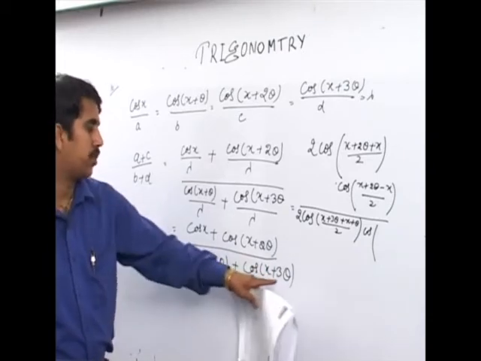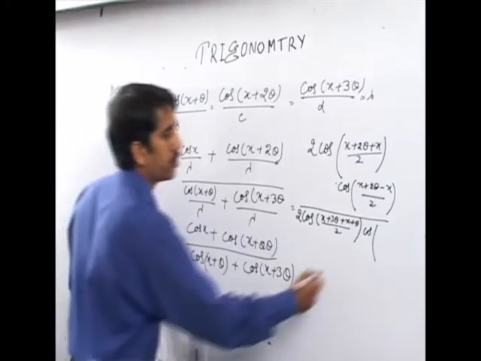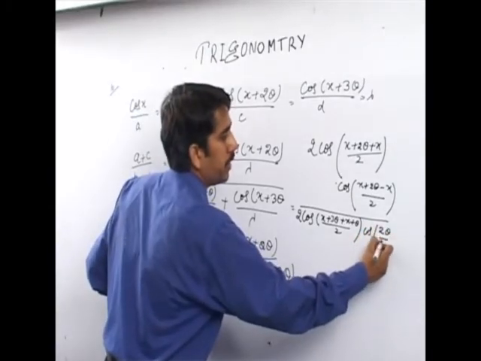When you subtract this, you will get x plus 3 theta minus x minus theta, and this will be equal to 2 theta by 2.